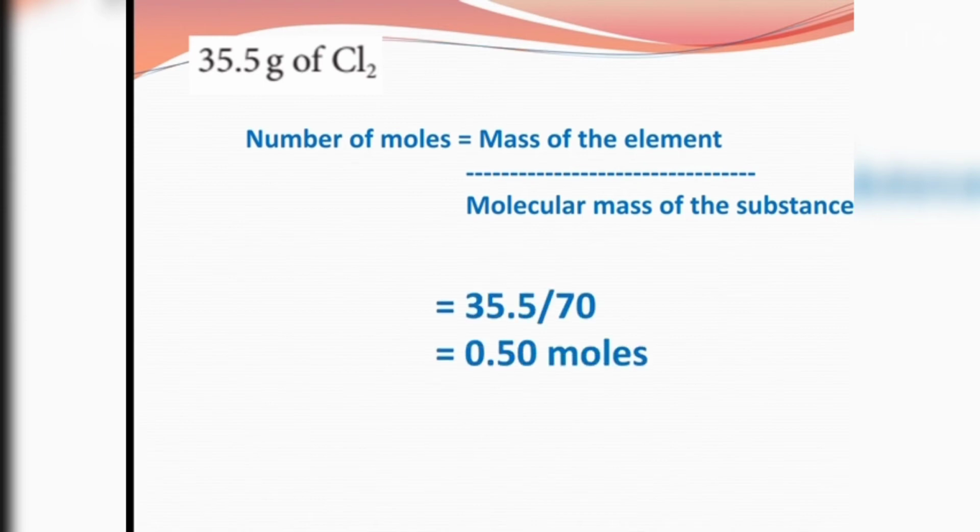Chlorine atomic mass is 35.5. So molecular mass of chlorine equals 2 into 35.5, that is equal to 70. Therefore, number of moles equals given mass 35.5 divided by molecular mass of chlorine, 70, that is equal to 0.50 moles.